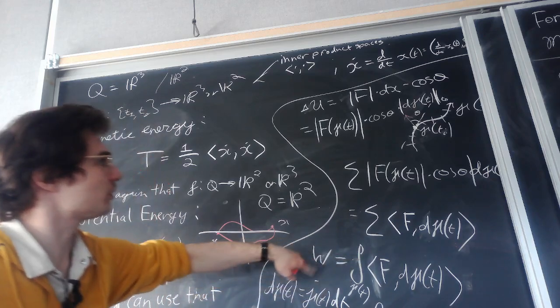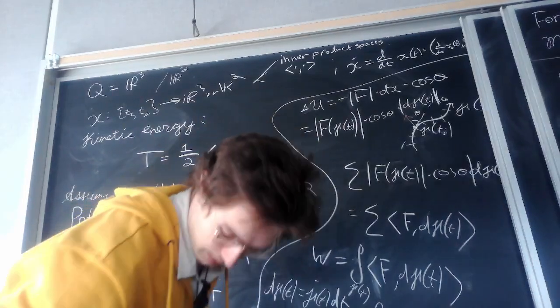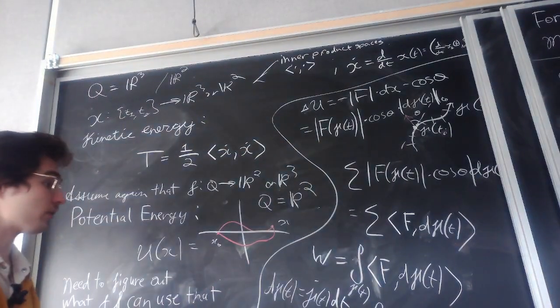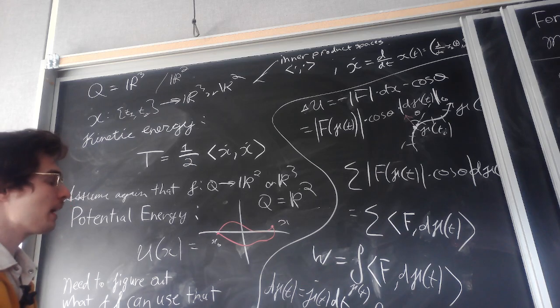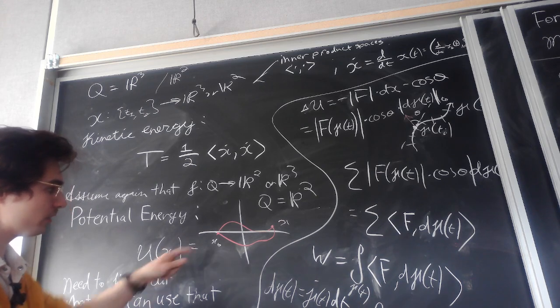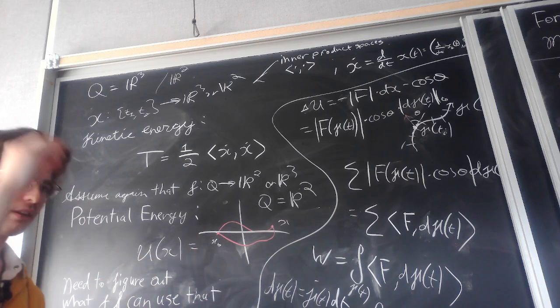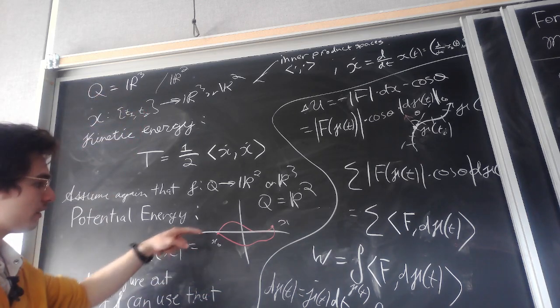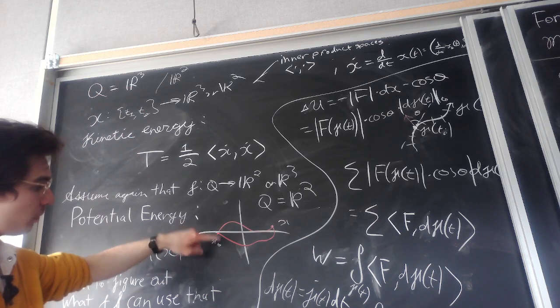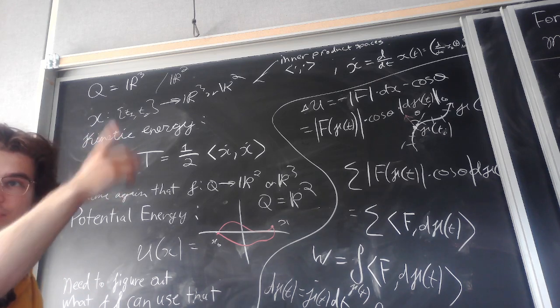Well, in this case, I wasn't talking about work. I was talking about, in general, how to define this whole potential energy business. The point being that we want to make sure that this potential energy is defined at a specific point, so we wanted this definition of potential energy by saying we integrate this thing along some path.